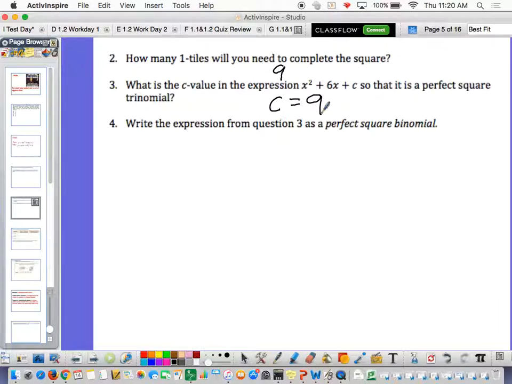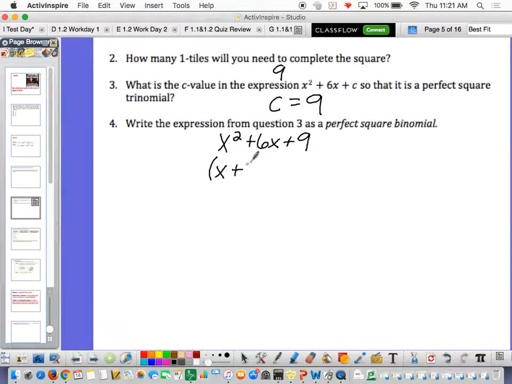Okay? And so what we're going to do now is write the expression as a perfect square binomial. And so what that means is if we have x squared plus 6x, we decided that c was 9. This now factors, okay? Factoring, I told you, was important.